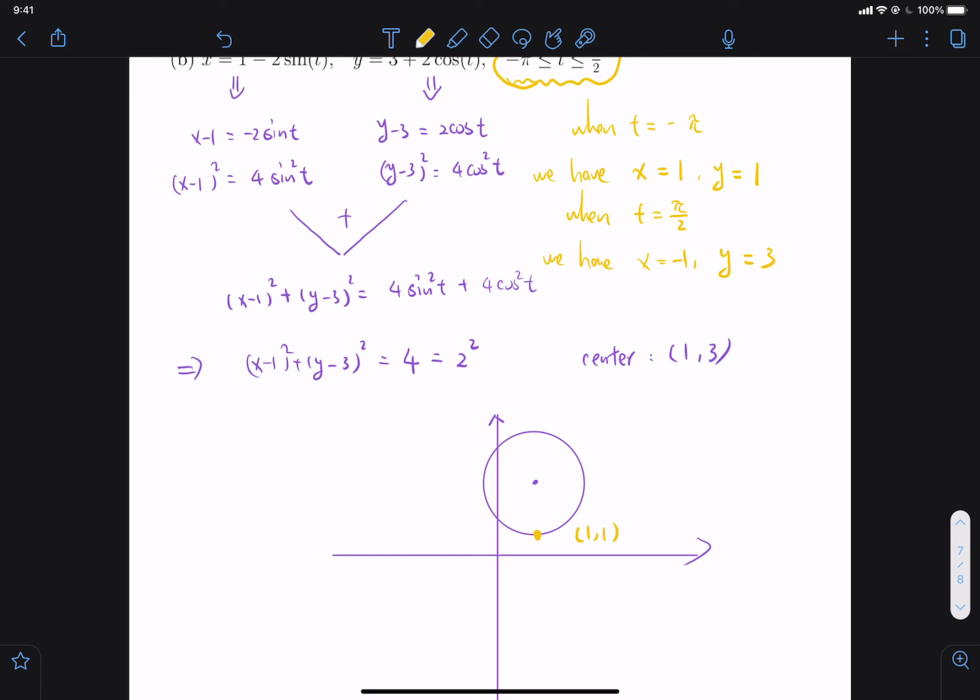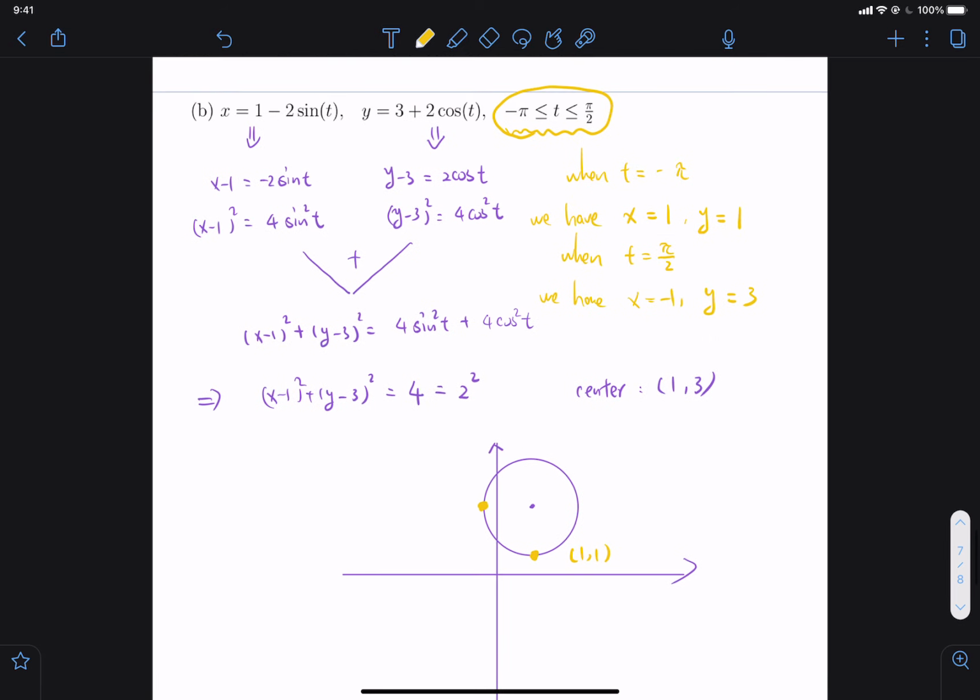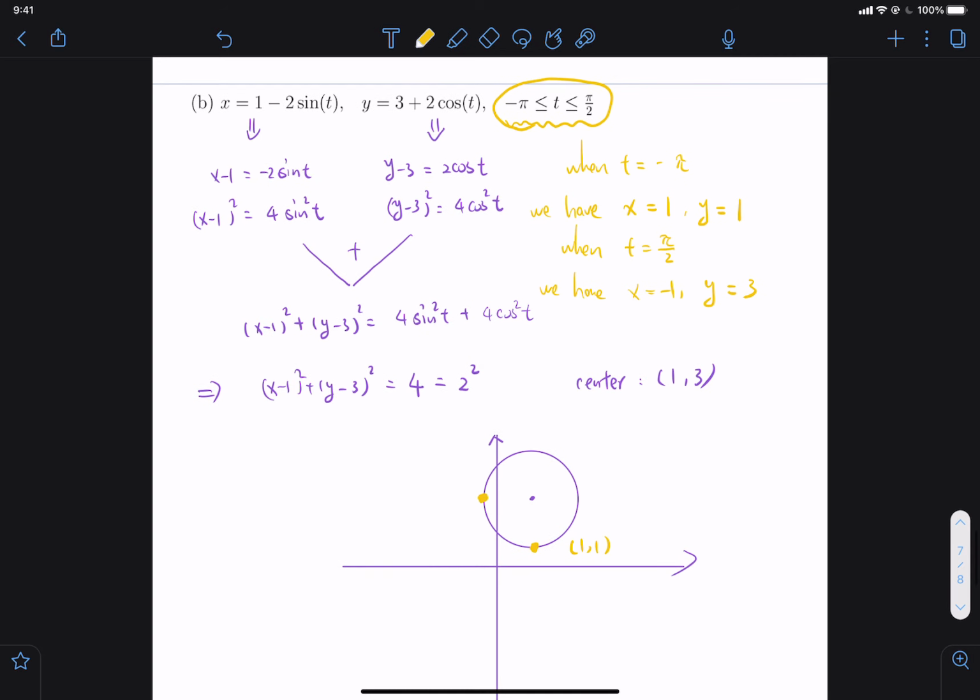Negative 1, 3, that is here, because the center is 1, 3. Okay, and we know that for this trig function thing, we should go counterclockwise, right? So trace from this starting point towards the terminal point counterclockwise, in this direction. And for the other part, we should remove it because that is not in the range of t. Right? So remove the rest part here.